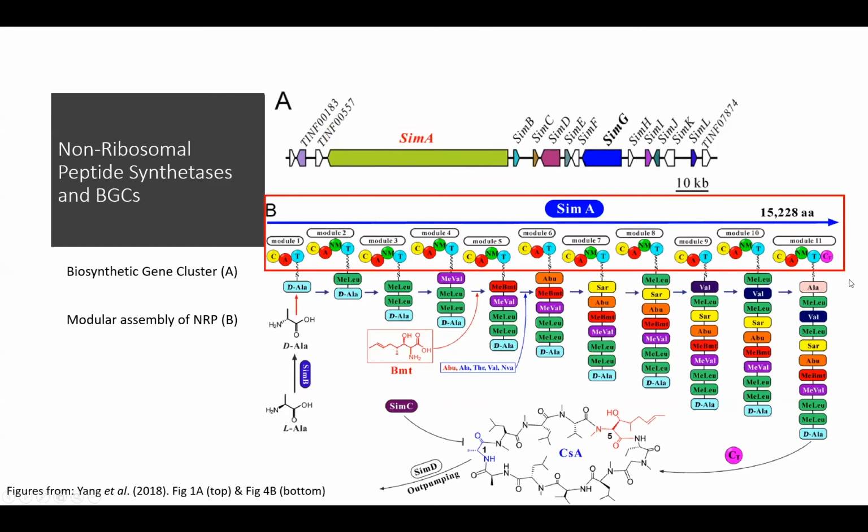In the second figure down here, you can see the SimA enzyme, which is a massive protein comprised of over 15,000 amino acid residues.